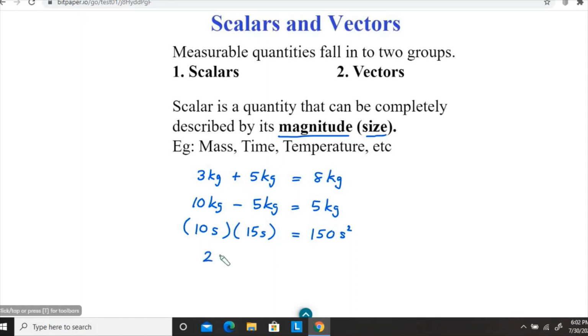You have 250 Kelvin divided by 25 Kelvin. Then the kelvins in the numerator and the denominator cancel out, and you are going to get just a number, 10, and that is unitless. So when we have scalars, the algebraic rules are very straightforward, very simple.